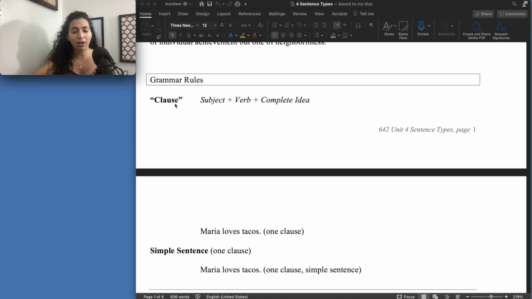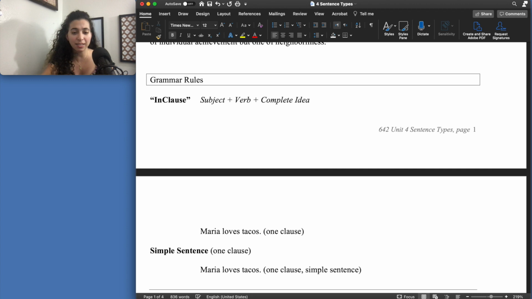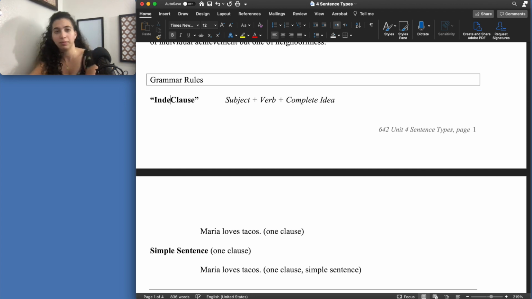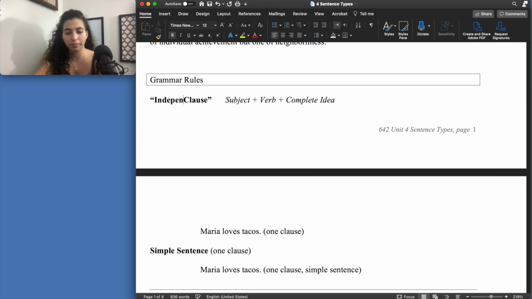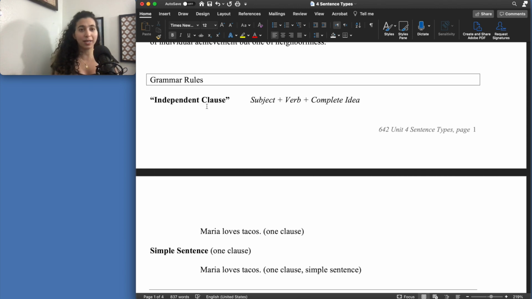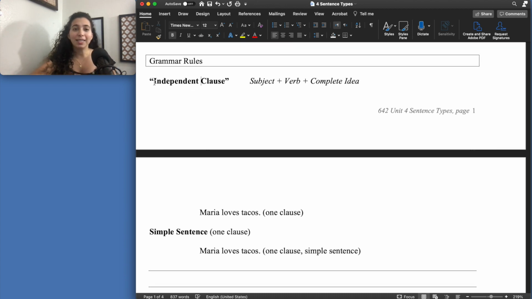Here, in this worksheet, they just call it clause, but it's actually independent clause. So it could be known as clause or independent clause. Most likely, if you're going to hear it outside, it's called independent clause. And independent means that it could stand by itself. It is self-sufficient. It doesn't need any help.